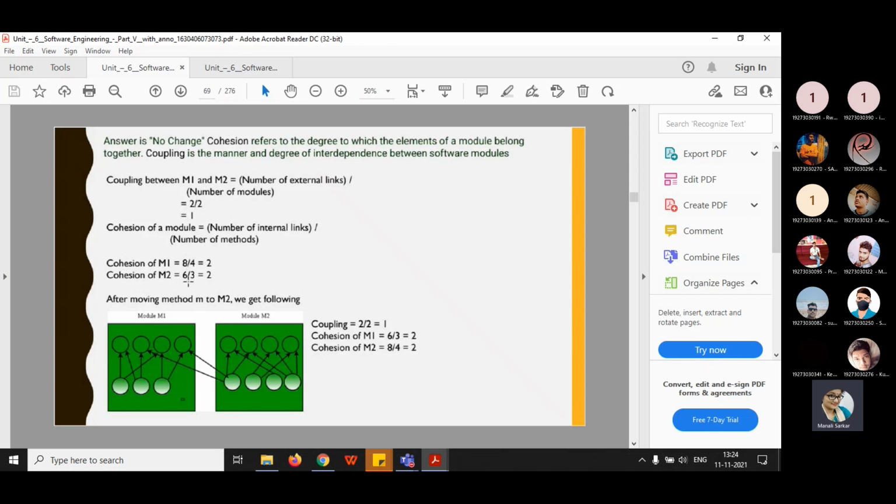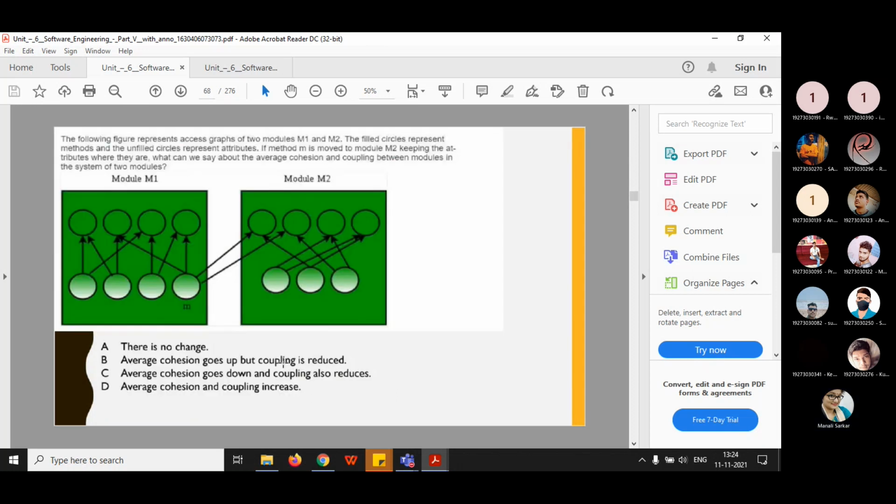Now if you are finding the cohesion of M2, again the same formula: number of internal links divided by number of methods. So how many internal links are present? See here, 1, 2, 3, 4, 5, 6, 7, 8. Okay, no, sorry. This one: 1, 2, 3, 4, then 1, 2, 3, 4, 5, 6.